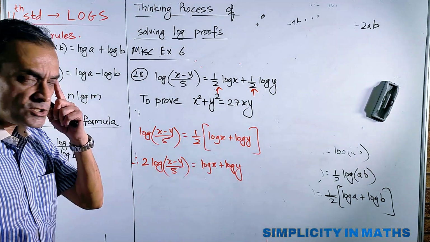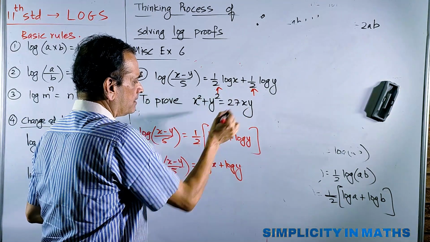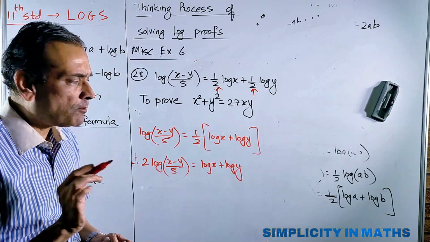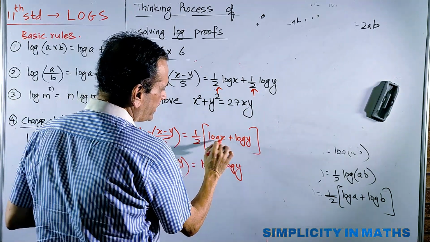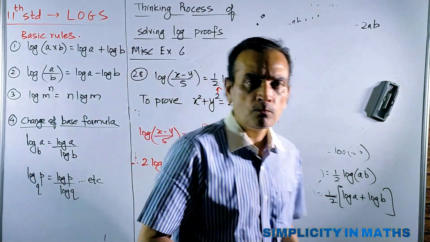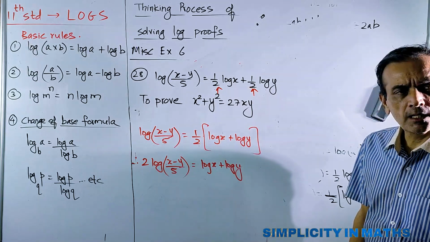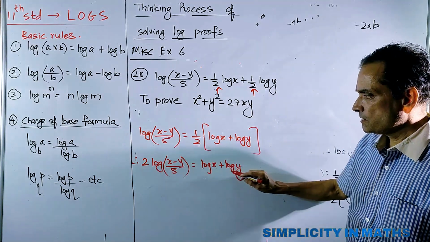Clear? Naturally there is no other option, you have to take half common. So after taking half common, log x plus log y, and this half goes on the other side as 2. Clear? So you get this.